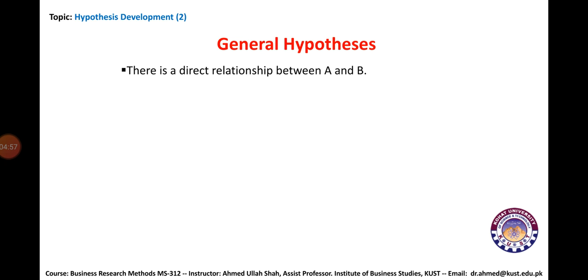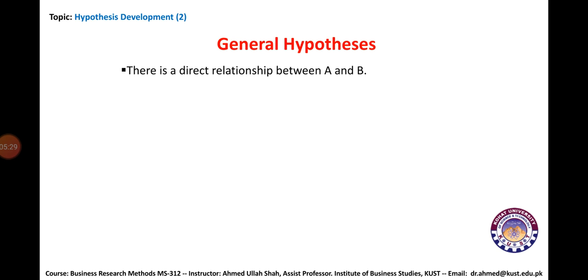So, when we develop a theoretical framework, there should be a logic in it, and we should answer two things: how this relationship is developed, or how certain variables are related with each other. And secondly, we have to answer why these phenomena are associated with each other. That is something called theory.